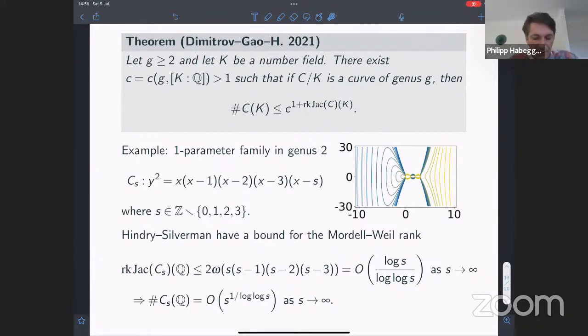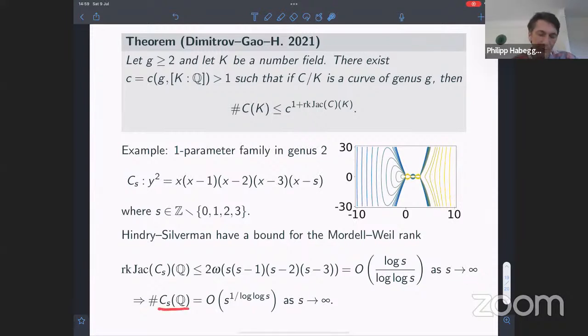So the rank of the Q points of the Jacobian of the curve C_s, and this is in the book by Silverman on Diophantine geometry, is bounded by 2 times the number of distinct prime divisors of the expression s times (s minus 1) times (s minus 2) times (s minus 3). This grows like log s over log log s as s goes to infinity.